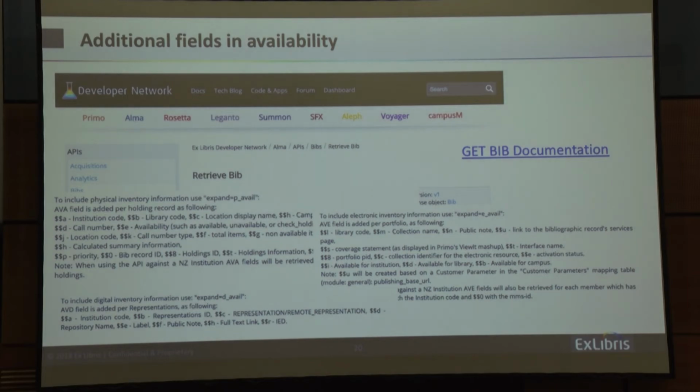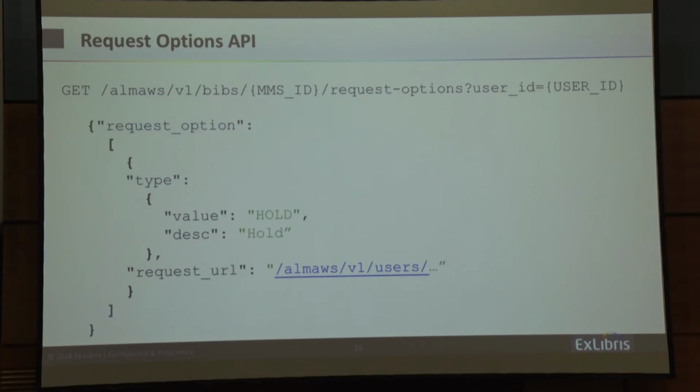So again, this is on the retrieve bib documentation. So we list there in the print, electronic, and digital availability what all the fields are that we return there. Again, the goal is to be able to give this information in one call so you can use that to present to your users. So that's the first point, additional availability information in the availability fields.